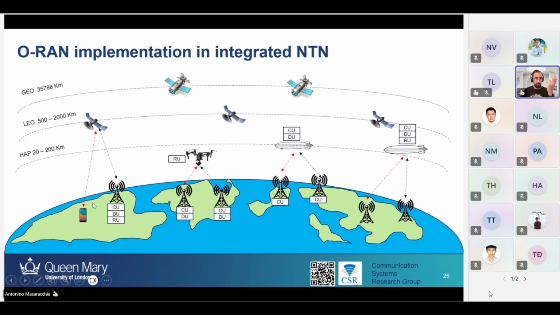This is a relatively simple approach because what we need is just to know the position of the satellite and optimize the resource. But as we move from the left of this figure towards the right, we're going to have a more complex network scenario. For example, in this case, we have a high altitude platform where the centralized unit is in the terrestrial sites, while also some parts of the centralized and distributed unit are in the satellites, meaning that some resource allocation needs to be performed at the same time on the terrestrial and non-terrestrial communication.